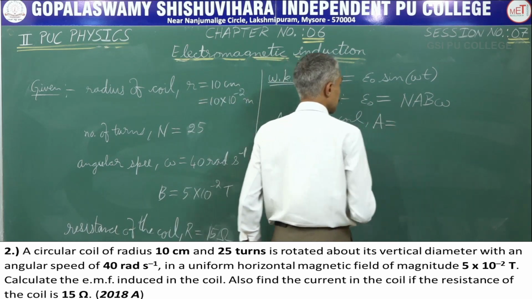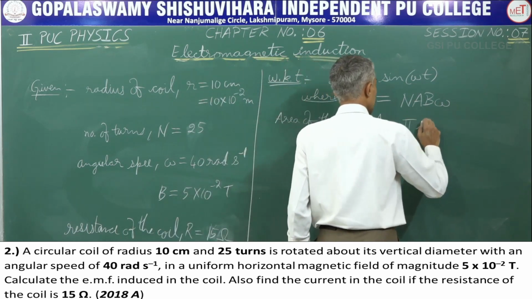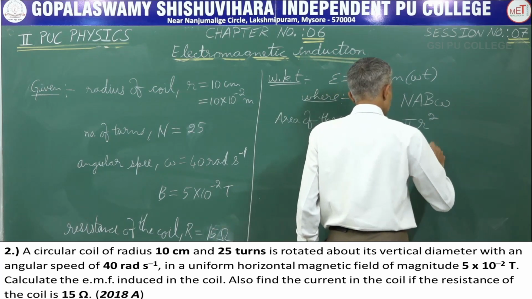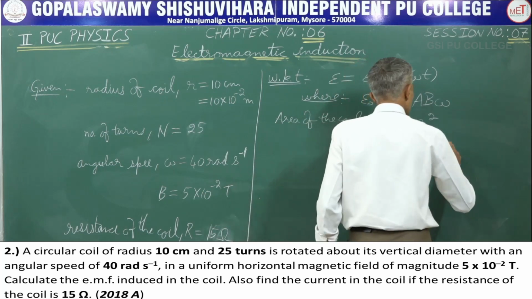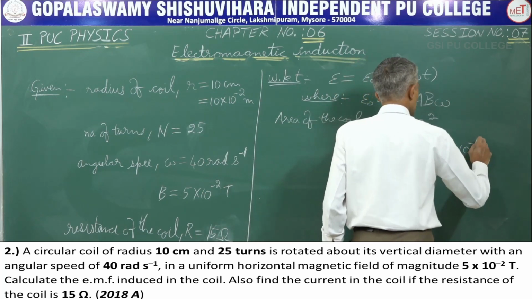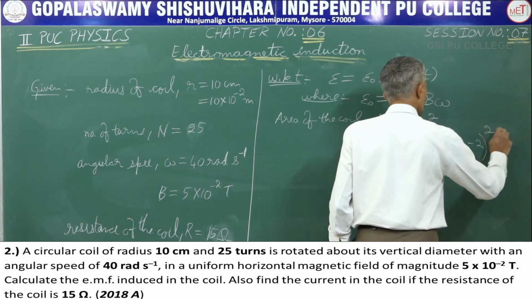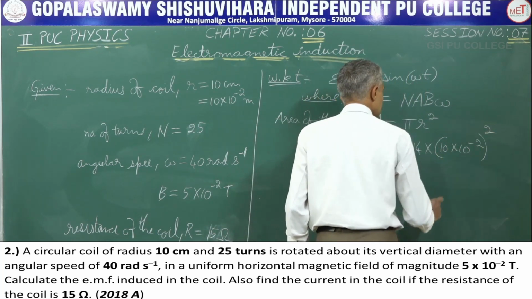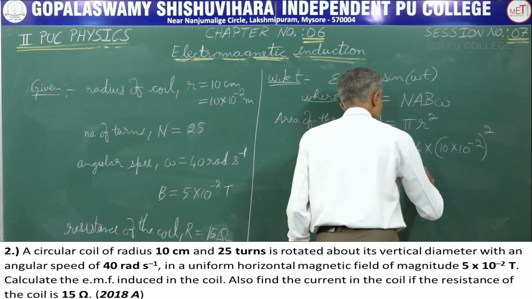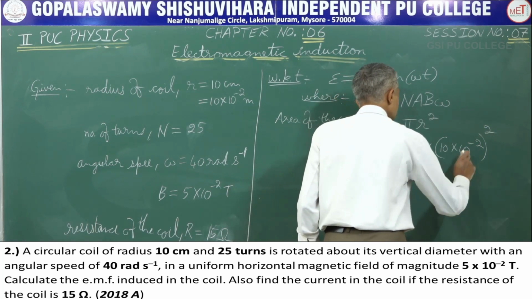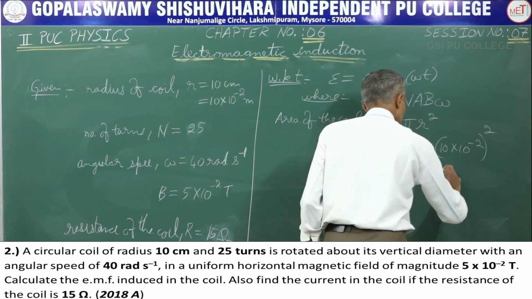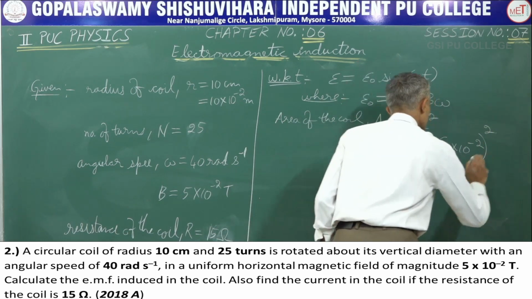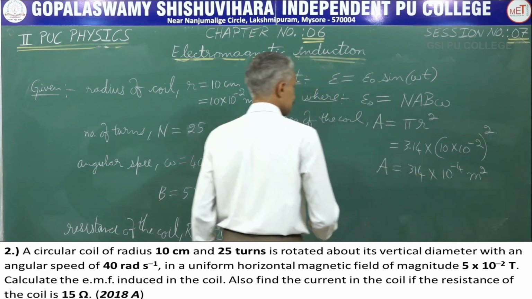It's a circular coil, so the area is given by pi r square, 3.14 into 10 into 10 to power minus 2, whole square. So 10 square is 100, 100 into 3.14 is 314 into 10 to power minus 2 square, 10 to power minus 4, and the unit for area is meter square.